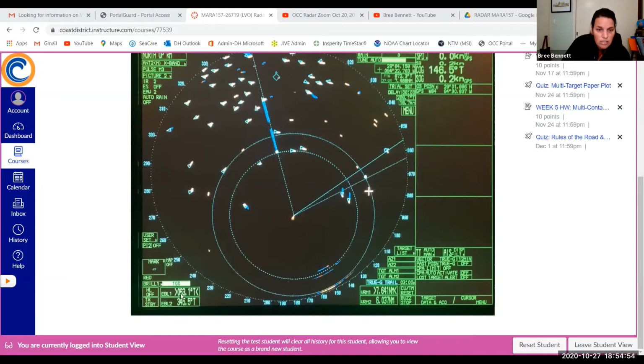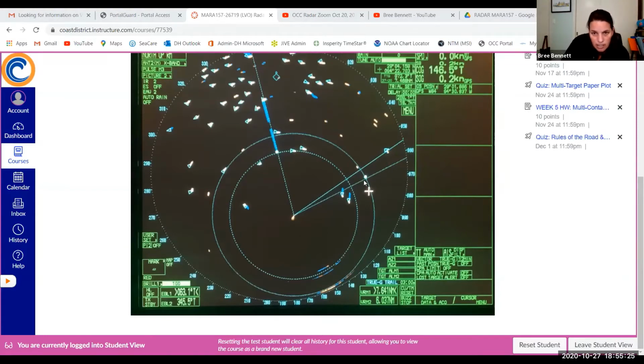So we have 063 as an EBL, and then we have another EBL up here pointing to that Racon, and that's at 345. And then we have our VRM, our range circles, and that is set there. See how it's set to the very closest possible edge of that Racon to get a distance off of it? That's where we want it to be set.